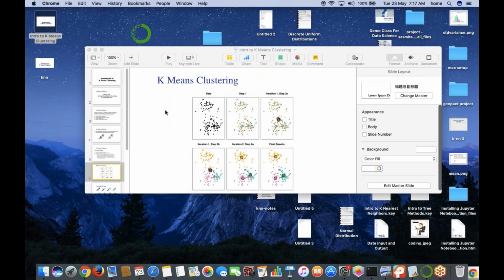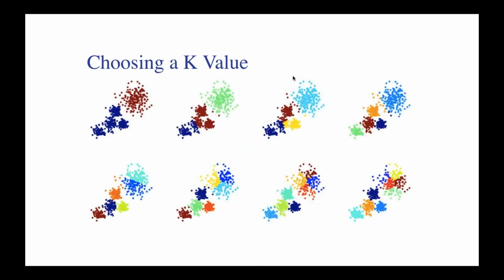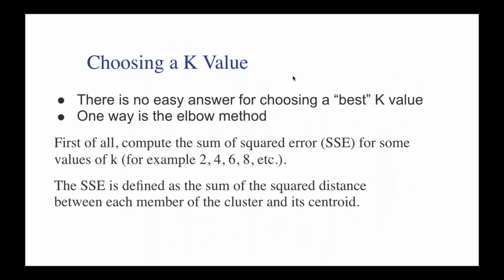Now the question is choosing the K value. Here also the challenging part is how to know for which K value we will get a very good result. But here the concept is similar to what we have seen in K nearest neighbor.